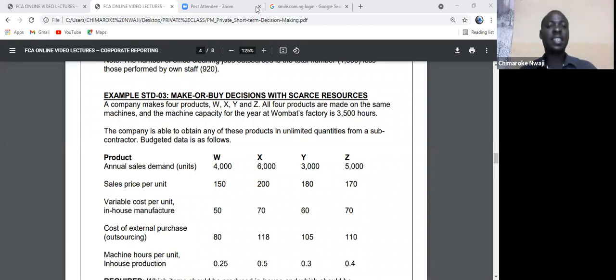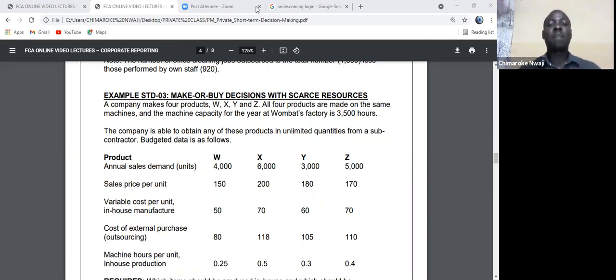Example STD03. We are still on make or buy decisions with scarce resource. A company makes 4 products, W, X, Y, and Z. All 4 products are made on the same machines.